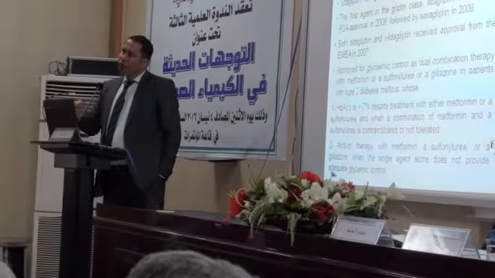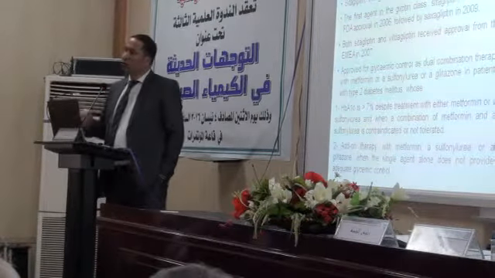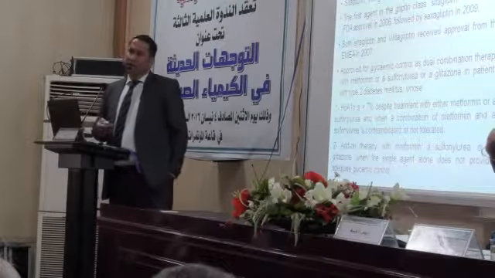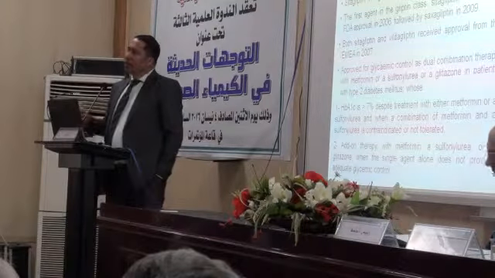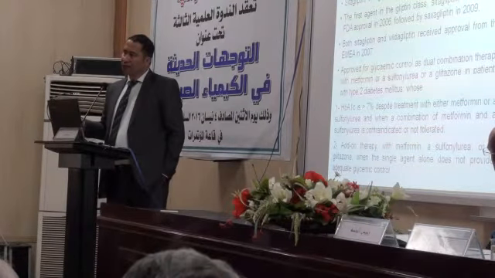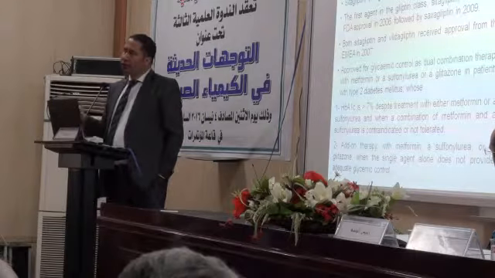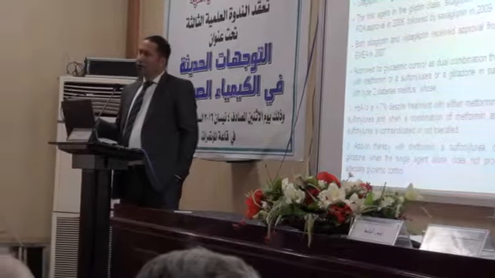Because it gives a new hope for diabetes for control of postprandial hyperglycemia, which is reflected by the HbA1c level. As we know, an HbA1c level of more than 6.5 means poor control of blood sugar.